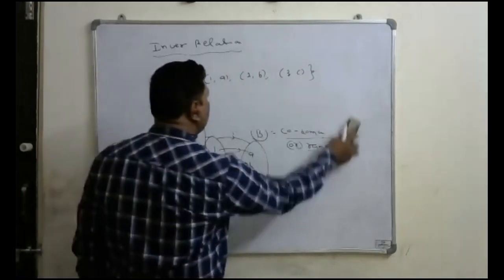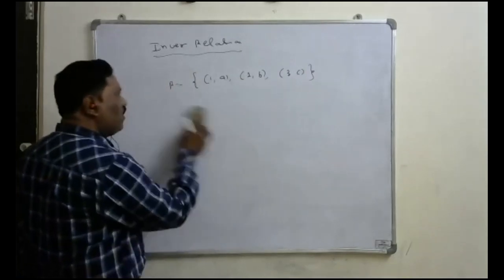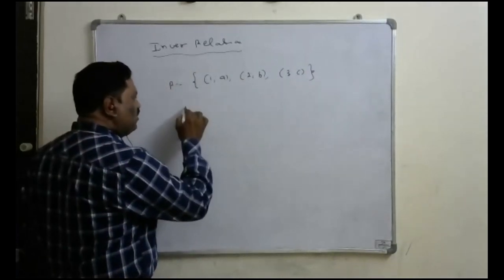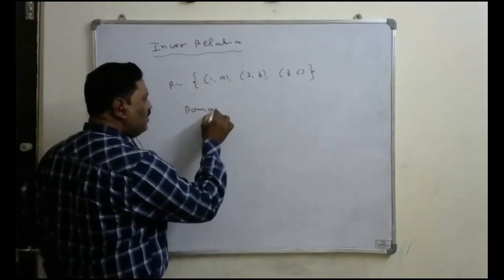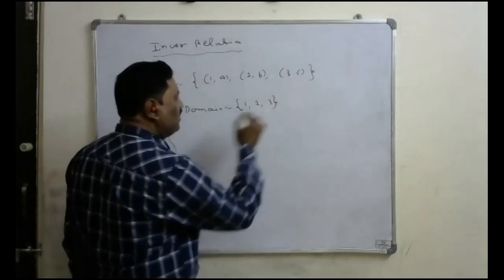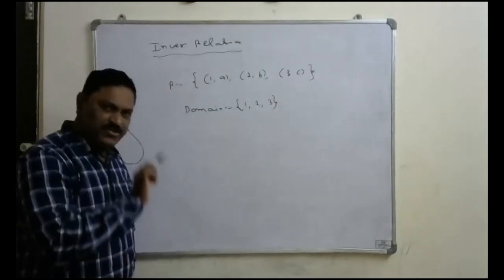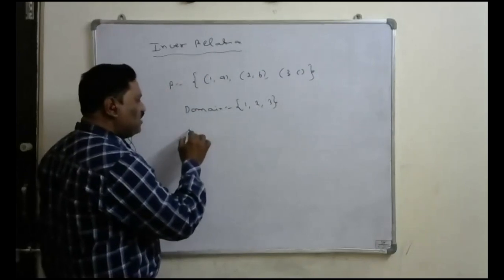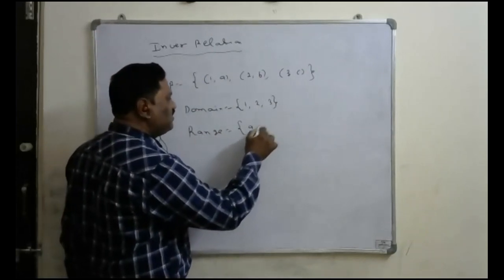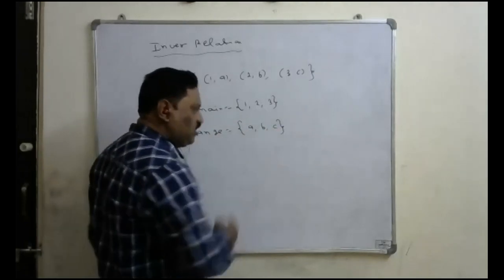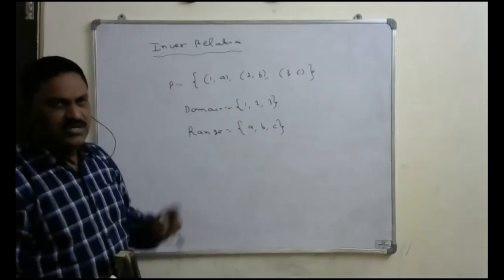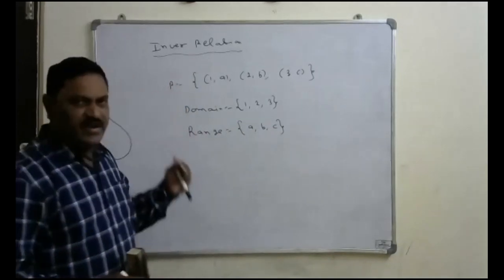That means if R is equal to {(1, A), (2, B), (3, C)}, then the set of all the first elements of these ordered pairs, that is 1, 2, 3, we will call the domain of the relation. The set of all the second elements of the given relation is called the range of the relation. Understand that? So this is the domain and the range.